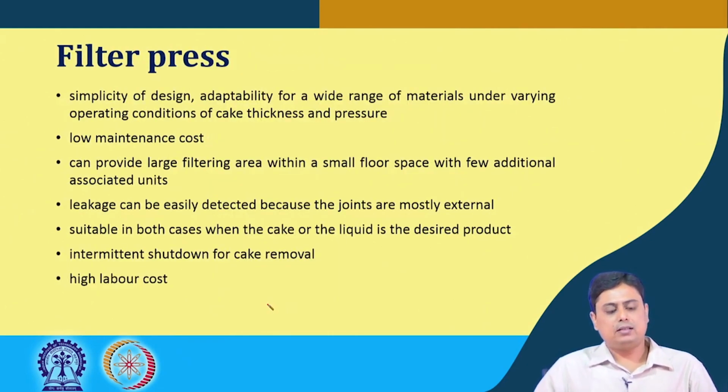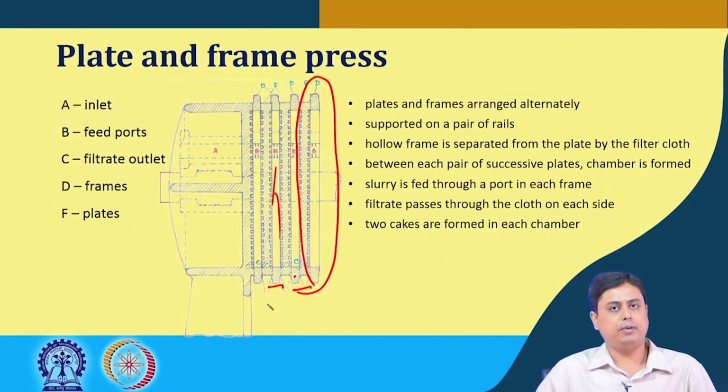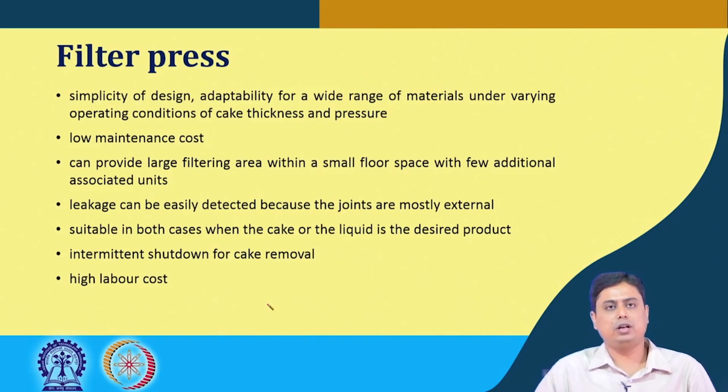So the advantages of this filter press, this particularly plate and frame press, which is one of the variations of filter press in general, are that it is simple in design, it can easily adapt to a wide range of materials under varying operating conditions of cake thickness as well as operating pressure. It has low maintenance cost. It can provide large filtering area within a small floor space with few additional associated units.